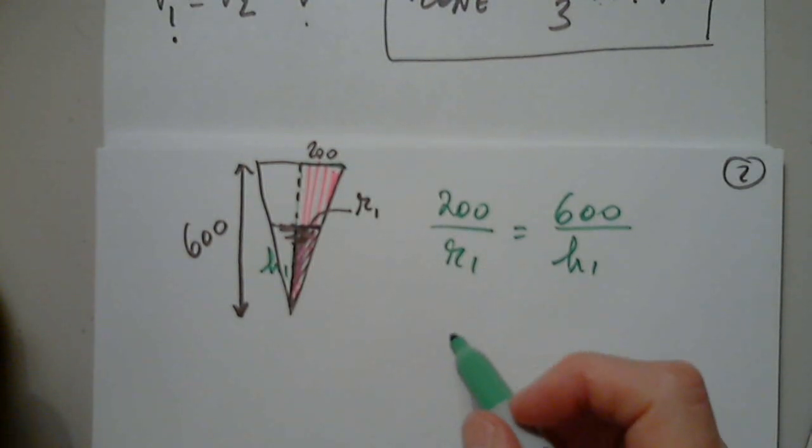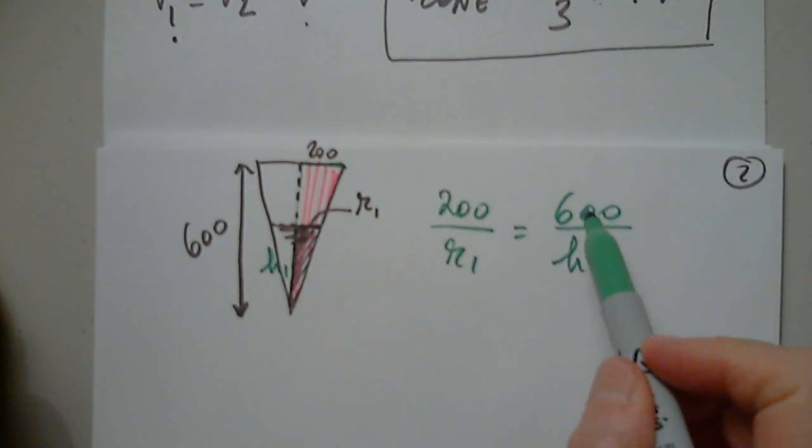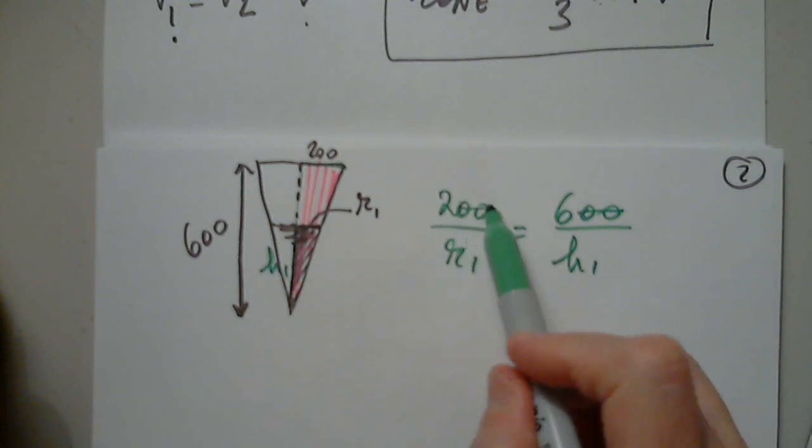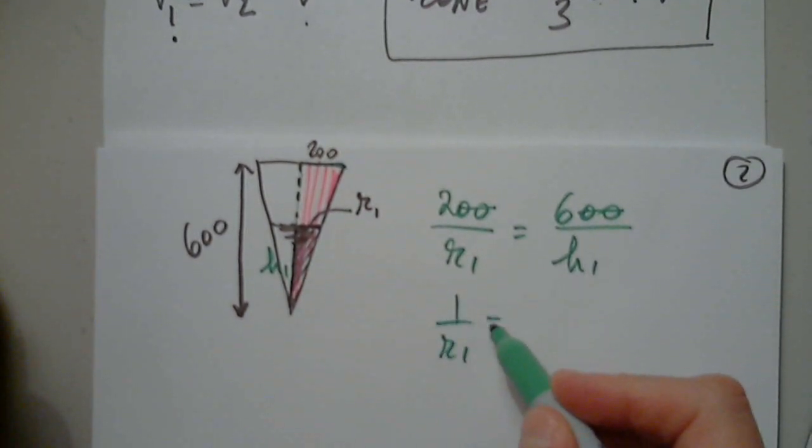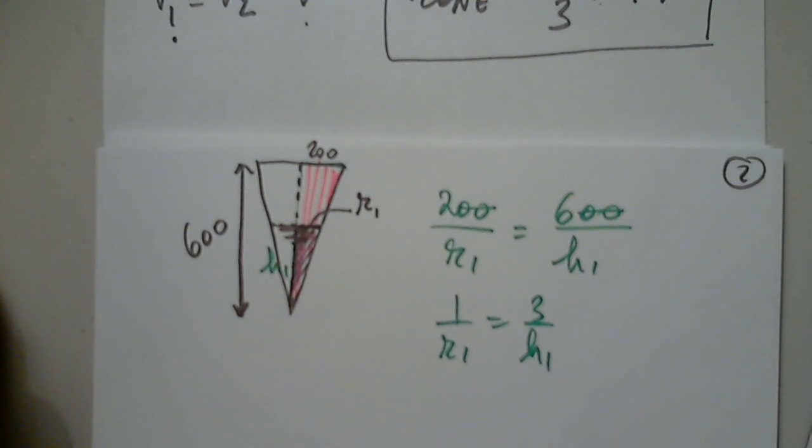Okay, so I'll simplify by 100, and I'll also simplify by 2. So I have 1 over R1 equals 3 over H1. I'll flip both. So then R1 is H1 over 3.